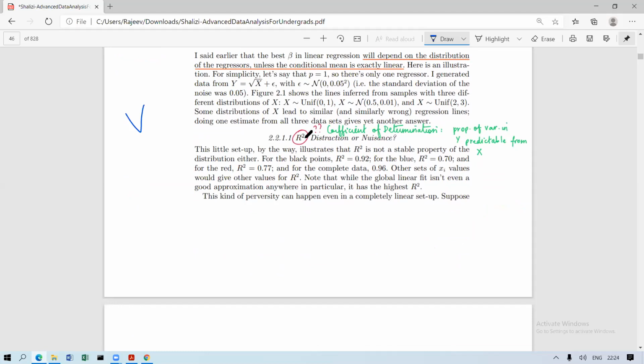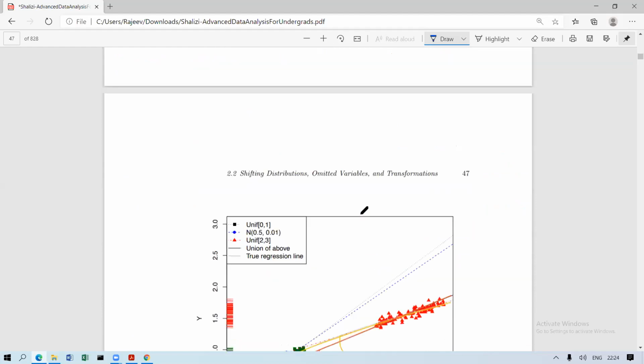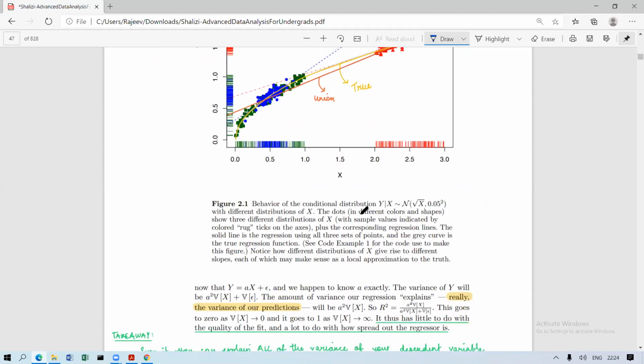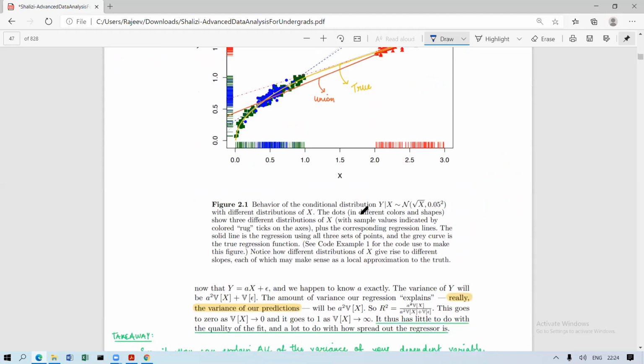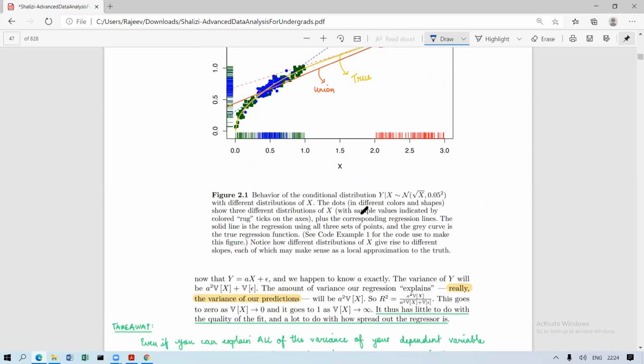And here he's going into why this R square metric is also not a good way to see how good a linear fit is to your data. R square is basically how much of the variance is accounted for by your predictions divided by how much variance actually exists in the data.